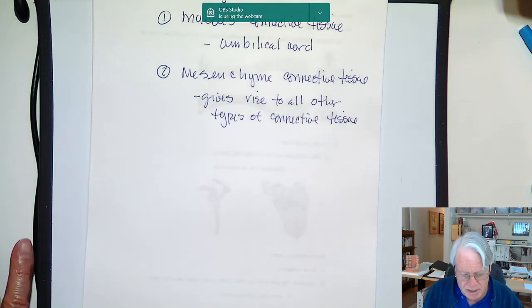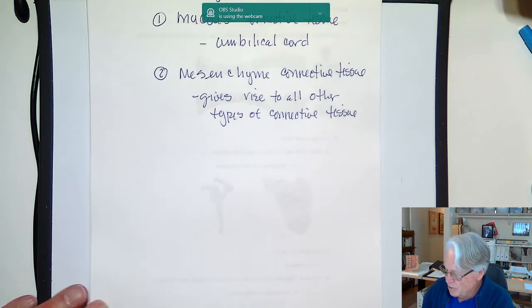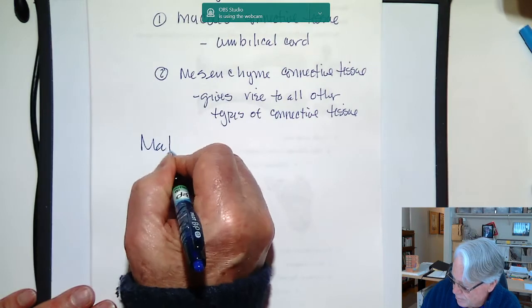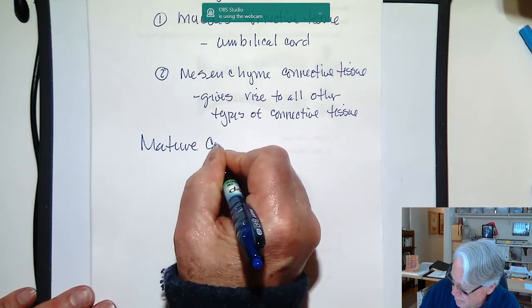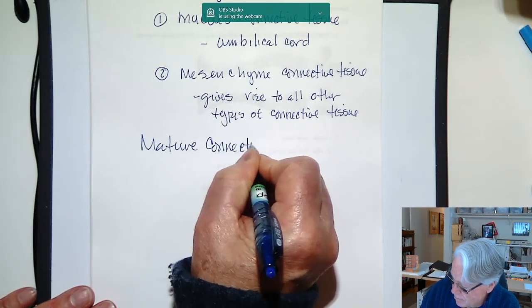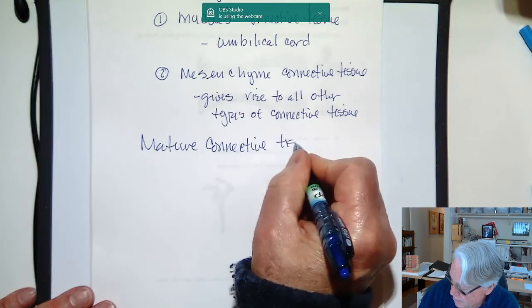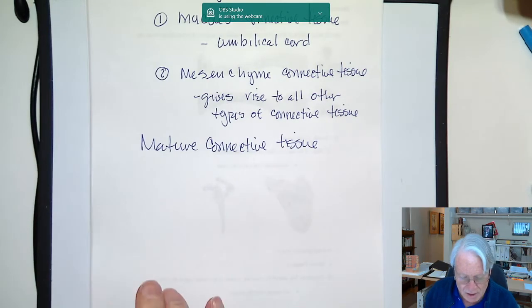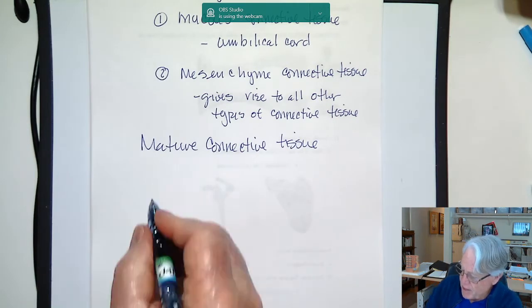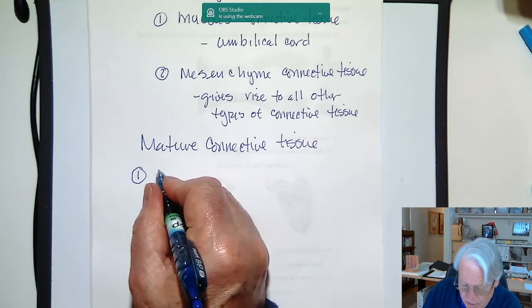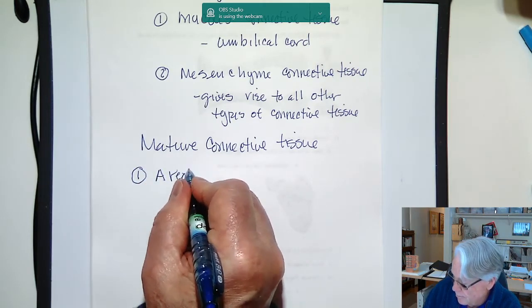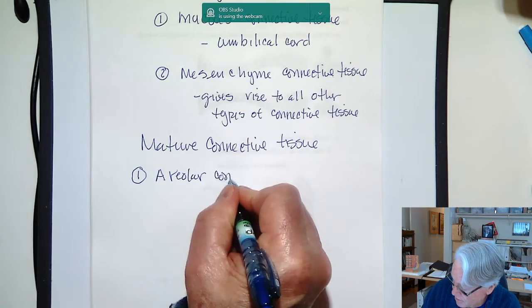Let's go ahead and begin with mature connective tissue. So the first category is going to be areolar connective tissue.